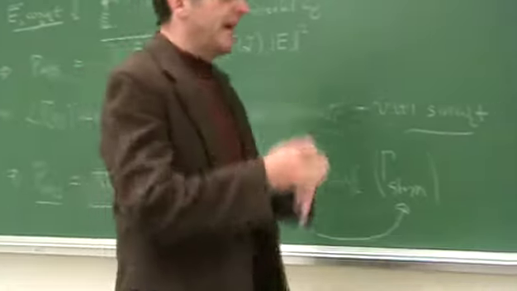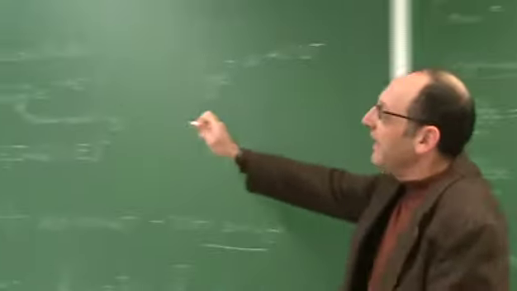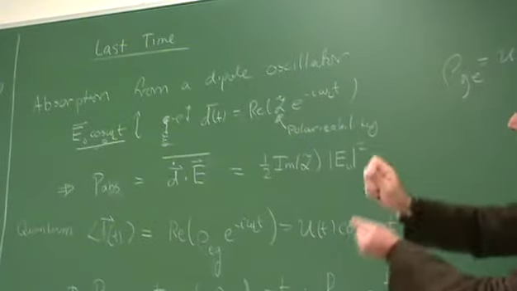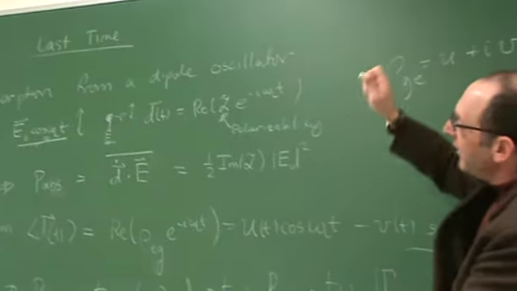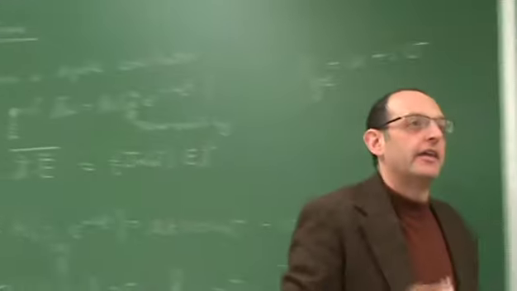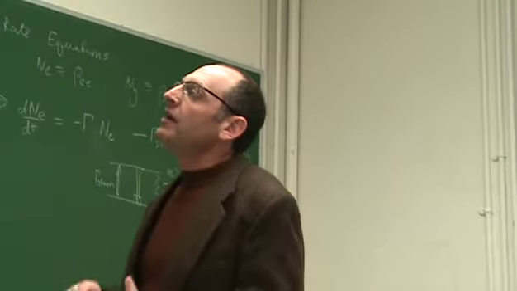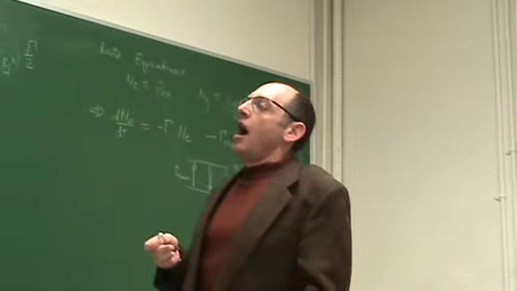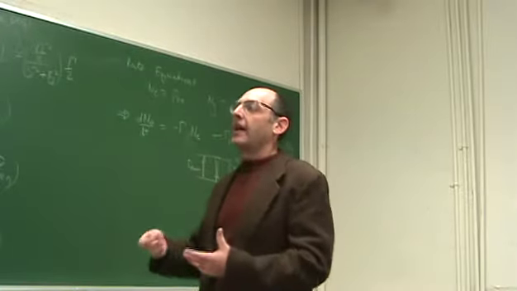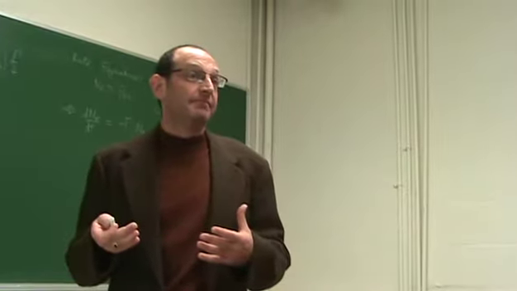So this picture of absorption by Fermi's golden rule is exactly what we get from thinking about driving a dipole and then asking how much energy, or what is the rate at which energy is absorbed by that oscillating dipole. And the regime in which this makes sense, in which these are connected, is the regime, number one, where the transients have died down. So this is not the regime of Rabi flopping.